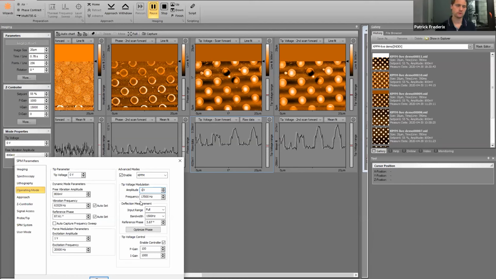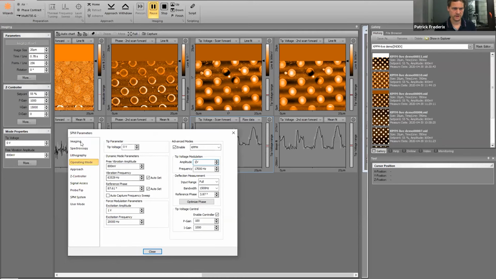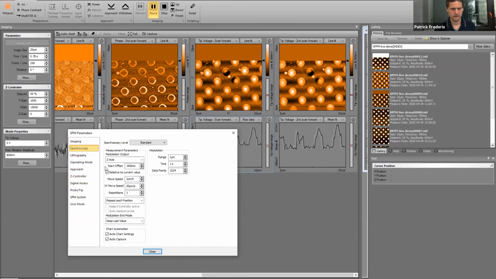If you go to the spectroscopy tab here, there is the spectroscopy. I can select here to drive the tip voltage and measure how the lock-in is changing as function of the tip voltage, and then where the lock-in contribution is 0, I know that my tip voltage equals the sample voltage.